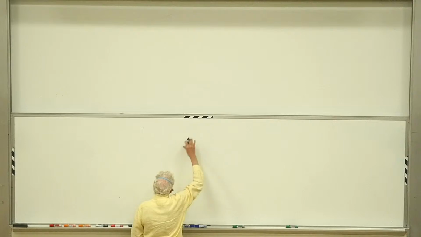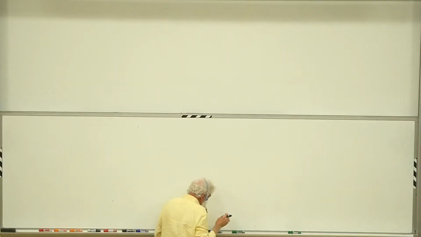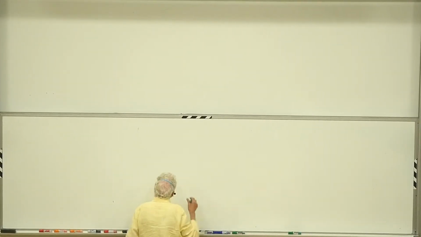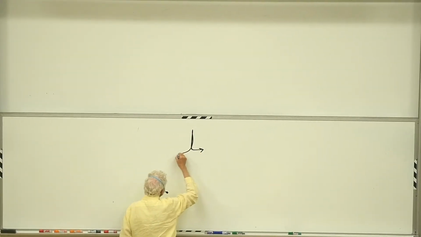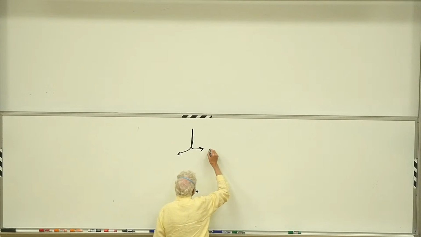What we see here is that in the late 1800s, early 1900s, there were two schools of thought on the nervous system. One school of thought were said to be the reticularists.